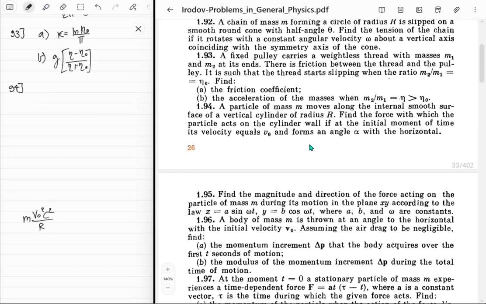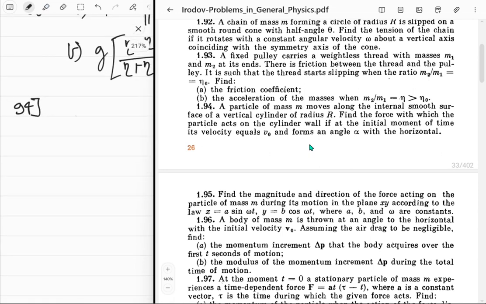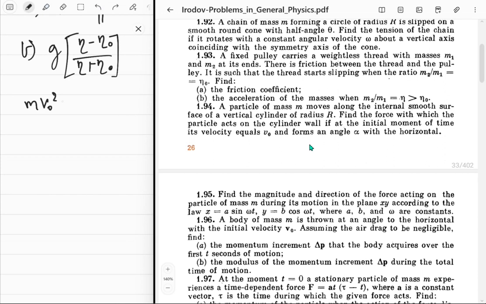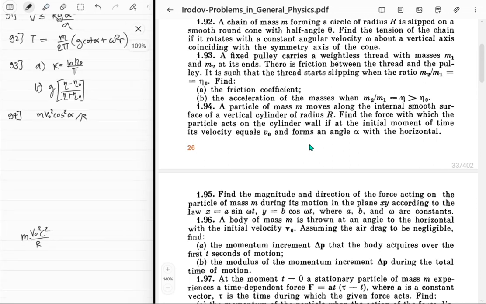That's the normal force. Oh, c squared is cosine squared alpha, right? And that cosine squared alpha thing is only for the initial condition. So alpha changes with time, but the xy speed remains the same. So nice. Let's go to 95th.